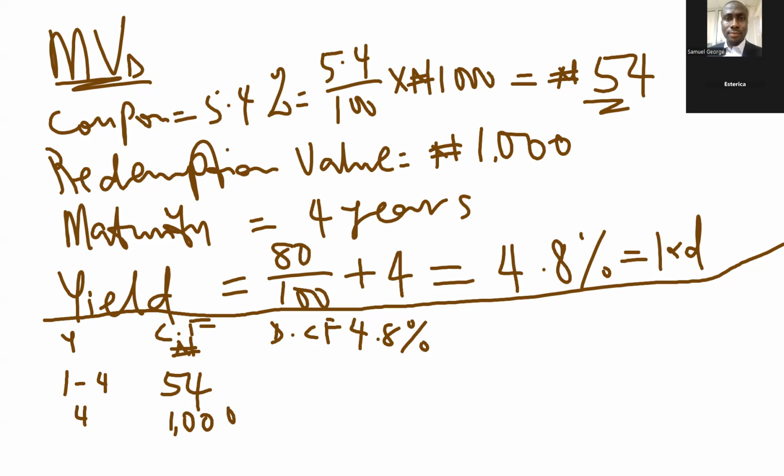I say 1.048, I'm punching my calculator, raised to power -4. I got something. I say 1 minus whatever I have gotten, then all divided by 0.048. I am getting 3.562.